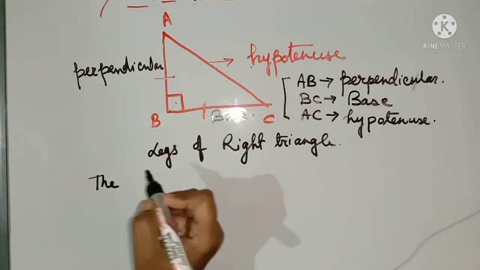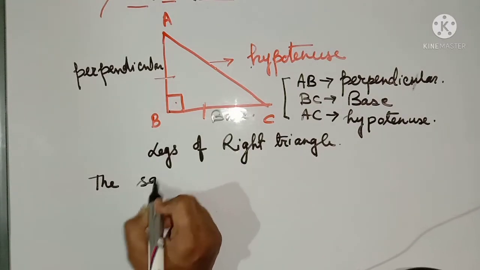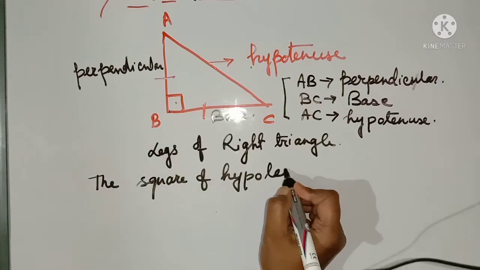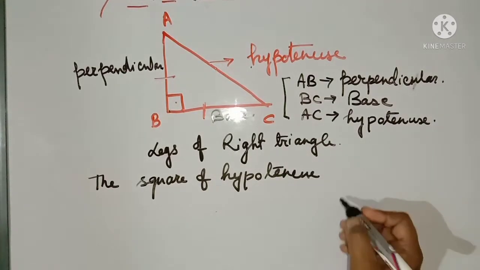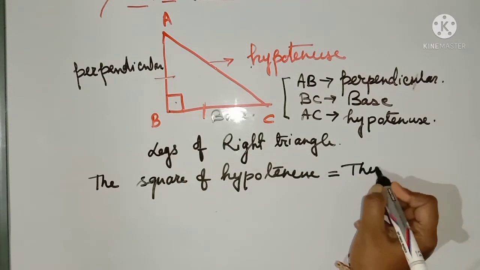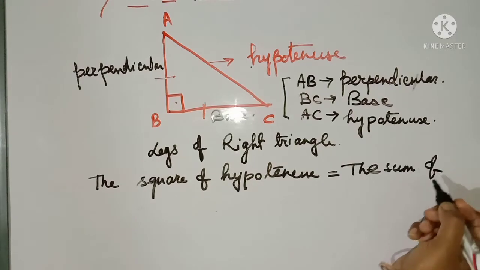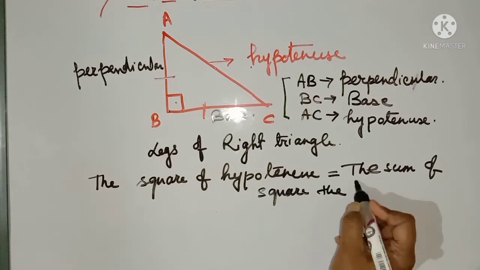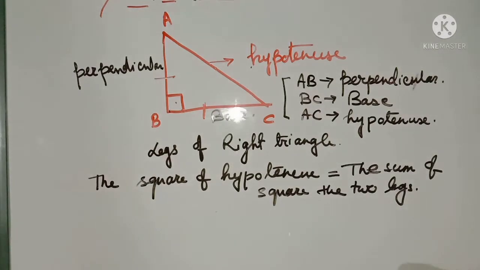The definition of Pythagoras theorem is: the square of the hypotenuse is always equal to the sum of the squares of the two legs of the triangle.